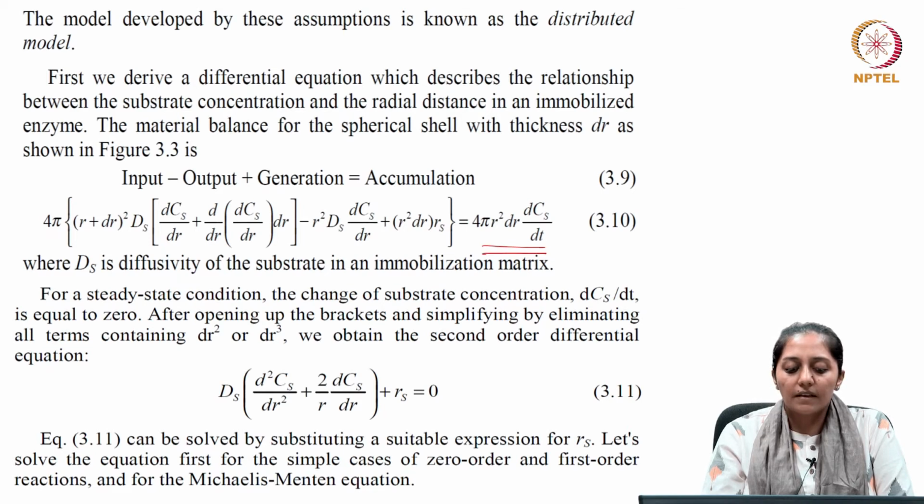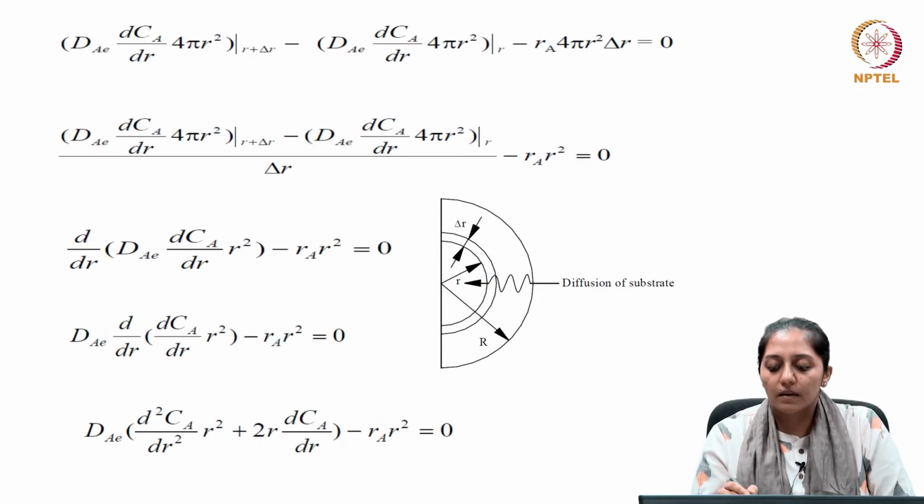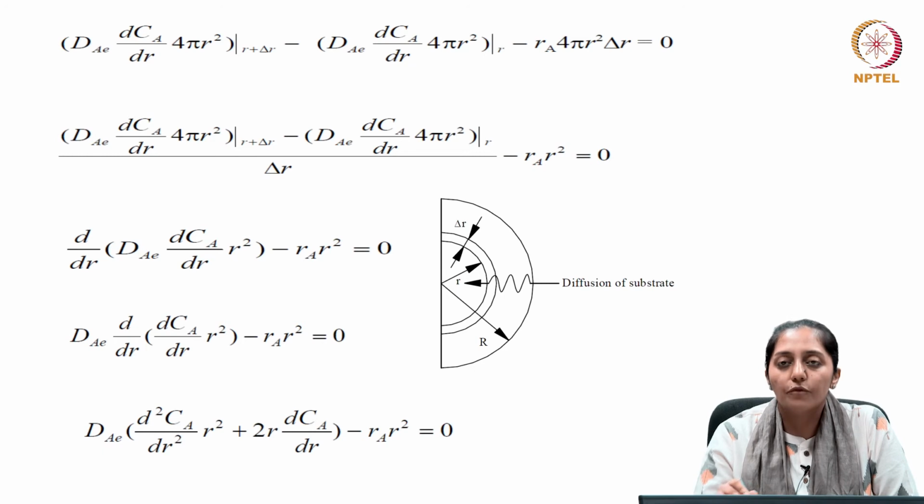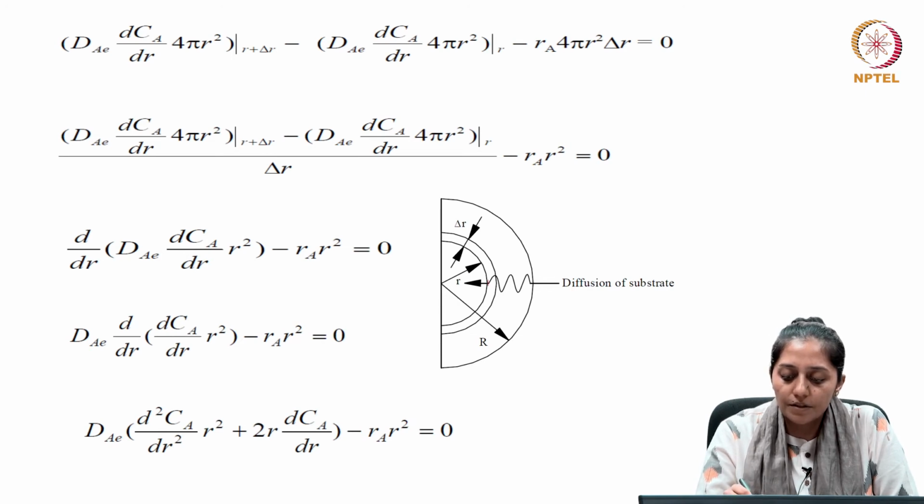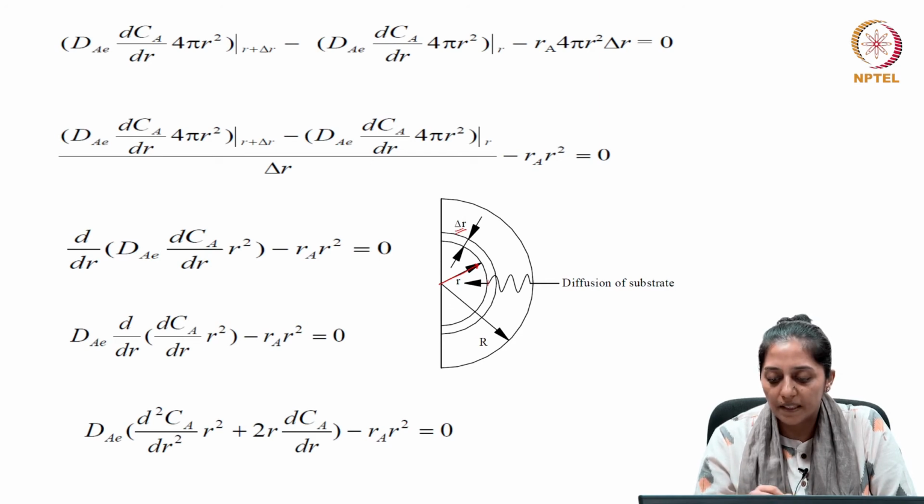Now, to understand this better, let us take half of this spherical shell. Here the notations have been changed for ease of understanding. Let us assume that this thickness is delta r, small r is the radius at which the shell has been kept, and capital R is the actual radius of the pellet.